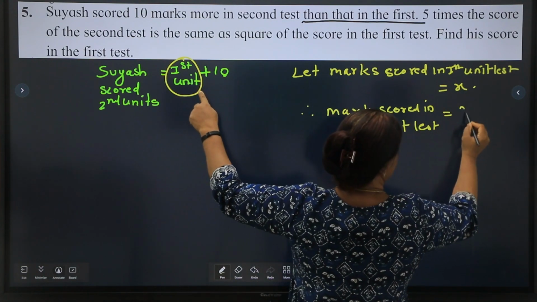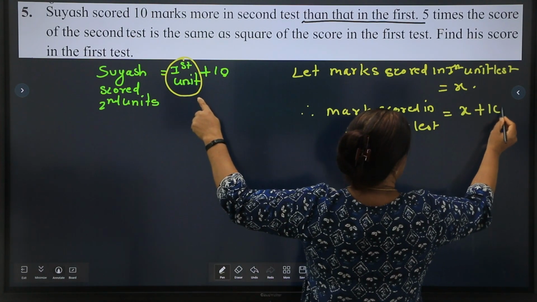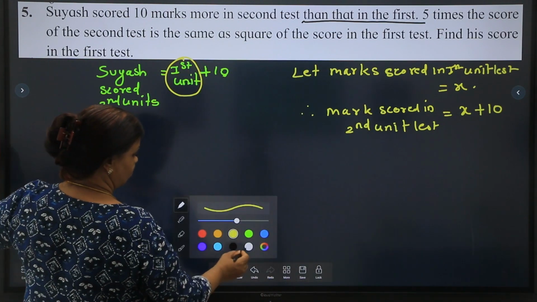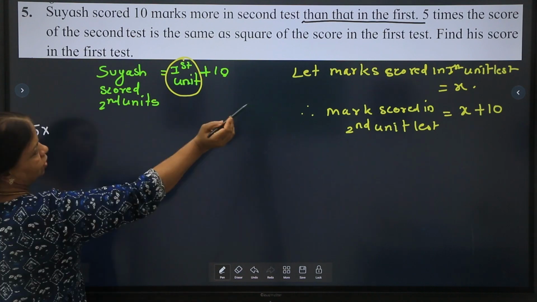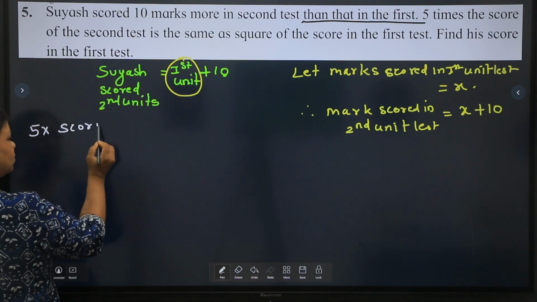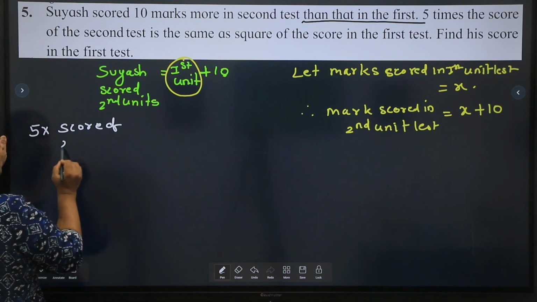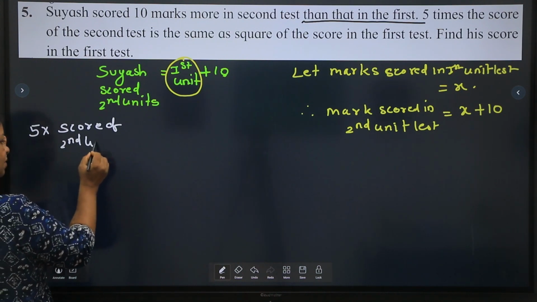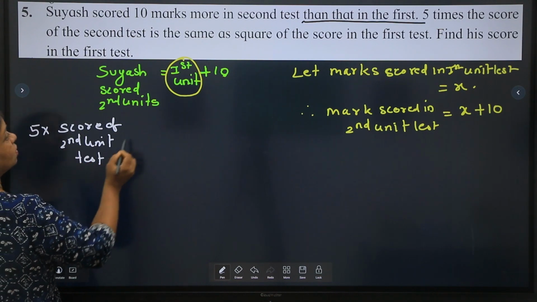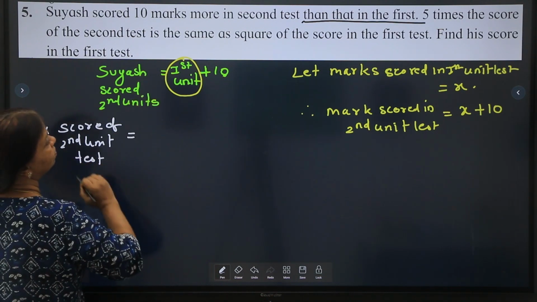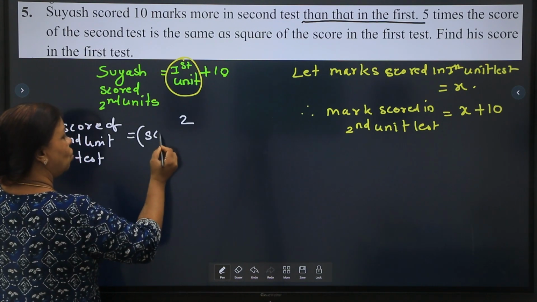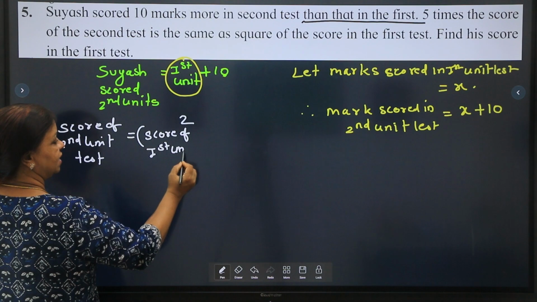Now see the condition. 5 times the score of the second unit test is equal to the square of the score of the first unit test.